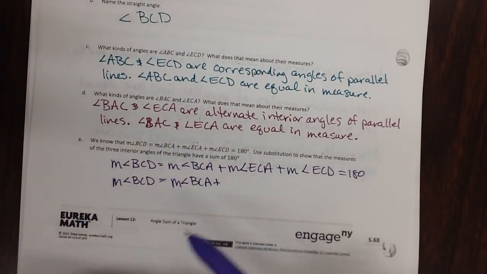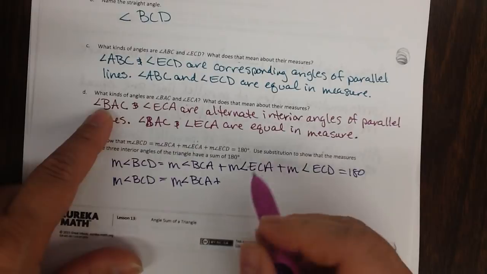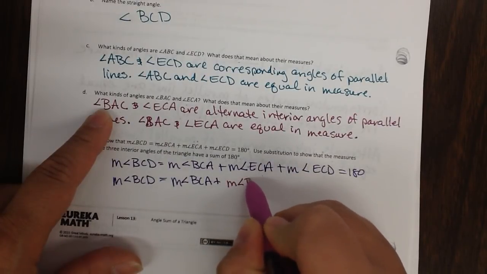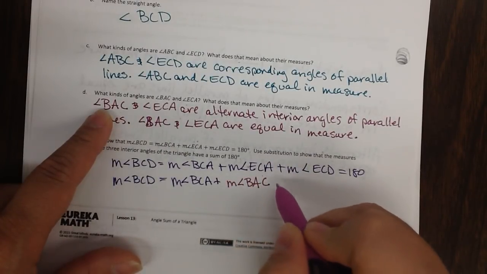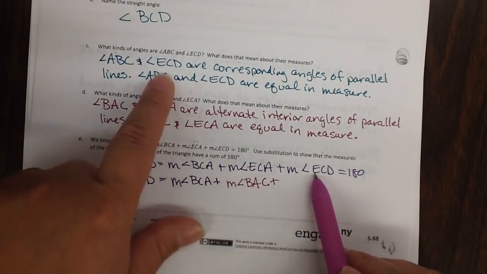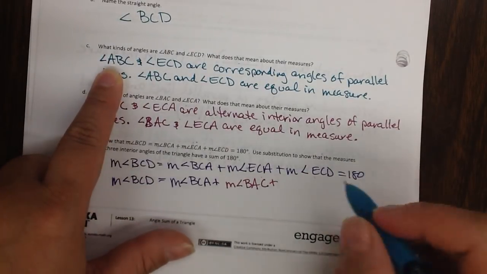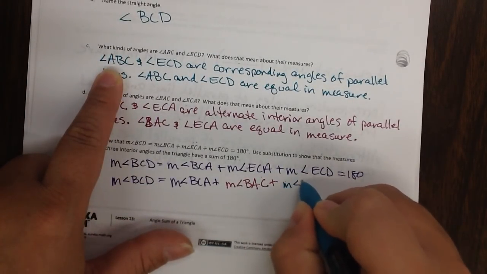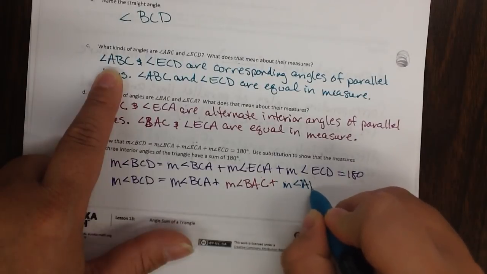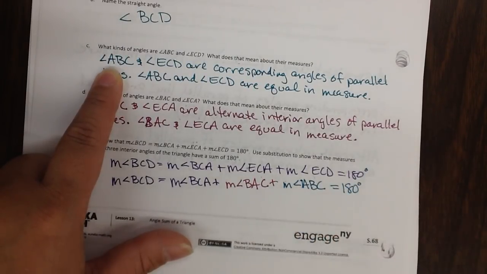So I'm going to plug that in here, the measure of angle BAC, plus. Now we've talked about angle ECD, which is right here. So we're going to plug in angle ABC here. And that equals 180 degrees.